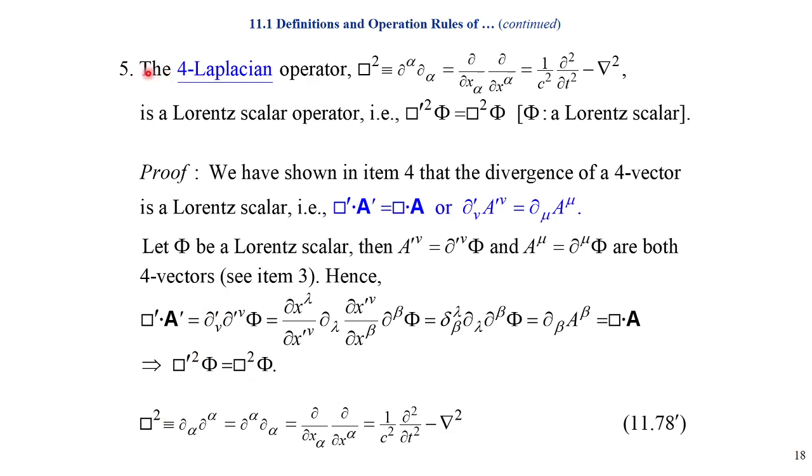Property number 5. The 4 Laplacian operator is denoted as partial alpha superscript, partial alpha subscript.